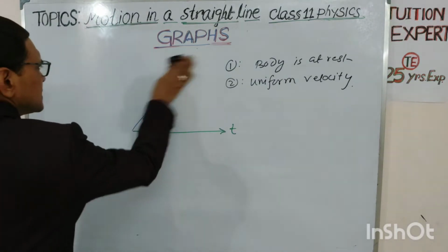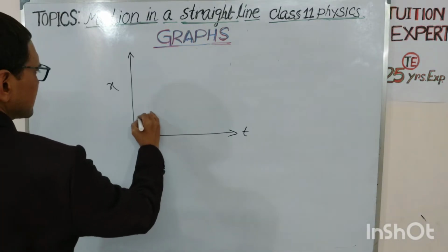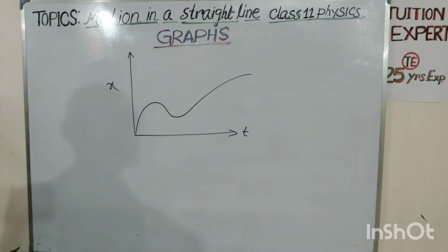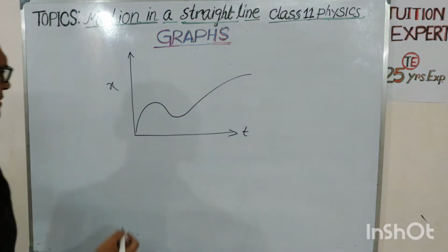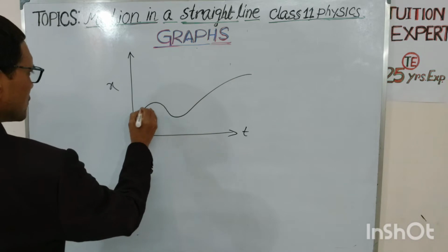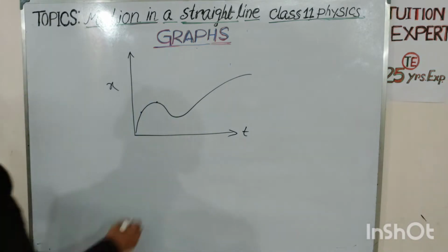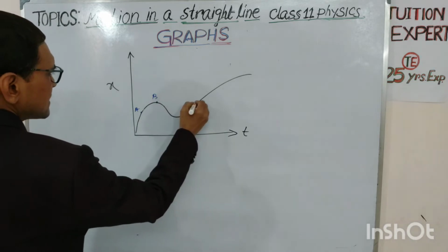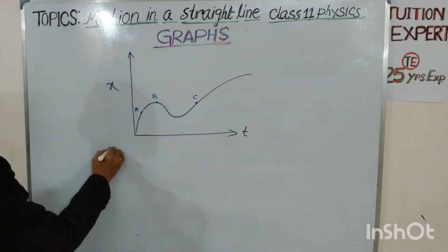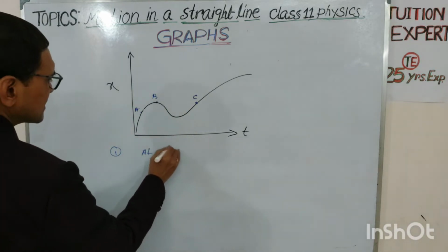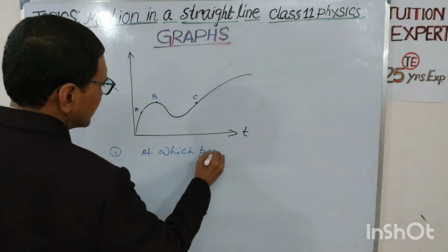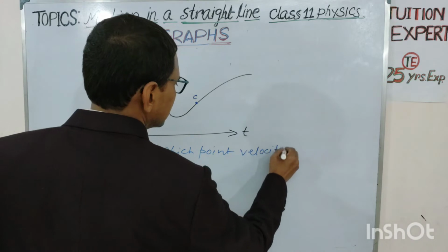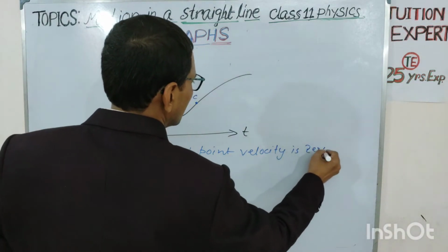Now if a graph of a particle is given, you have to determine the velocity at A, B, C. Suppose the question is: at which point is the velocity 0?